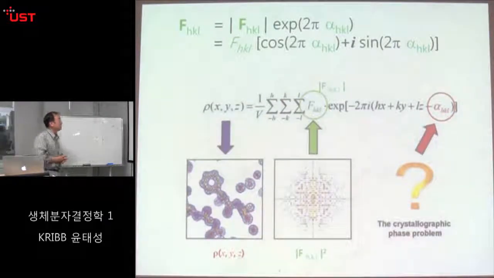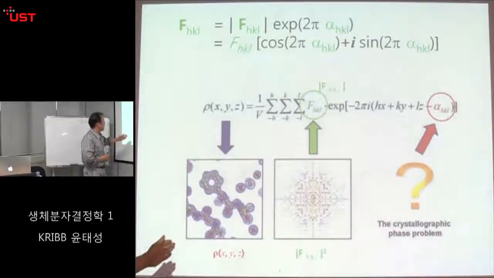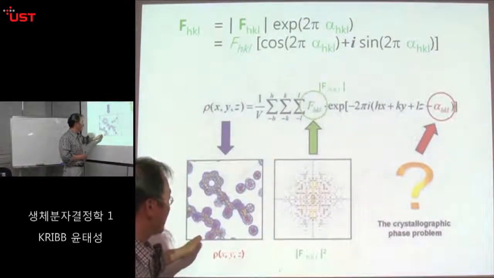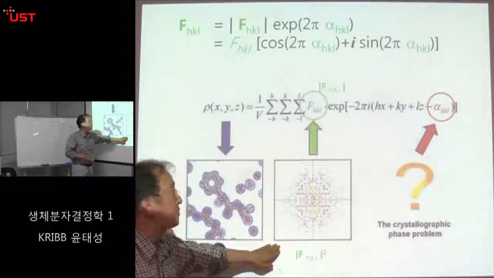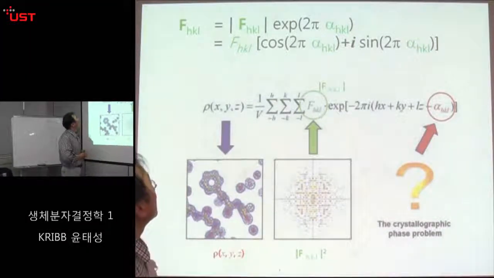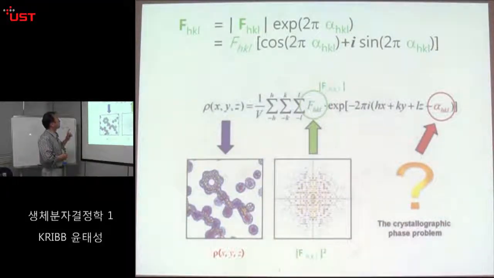So this is again in mathematical form. Here, real space electron density and diffraction space intensity, or diffraction data space, as you said. So here, what else do you have? FHKL.